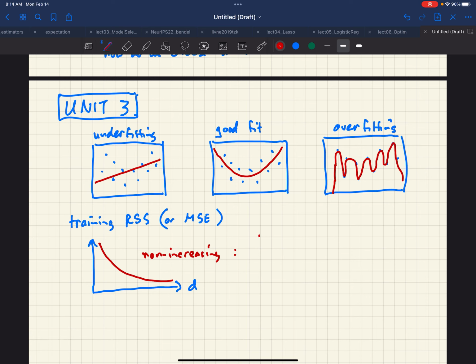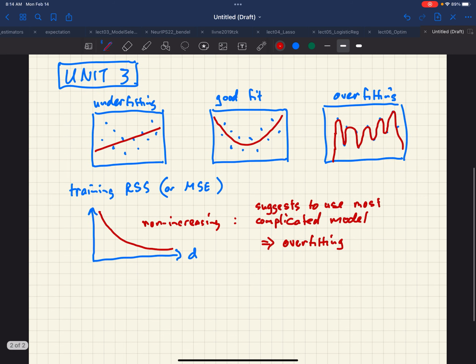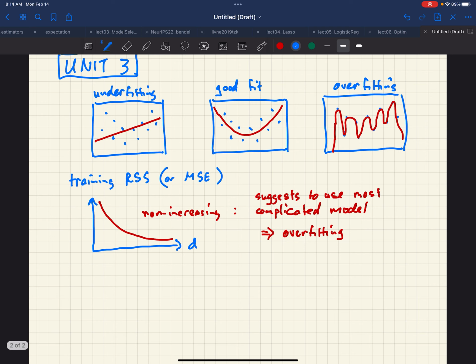And so if you use this to choose your model order, it suggests to use the most complicated model of all the ones you've tested, and this leads to overfitting. So we don't want that. So the solution is cross-validation.